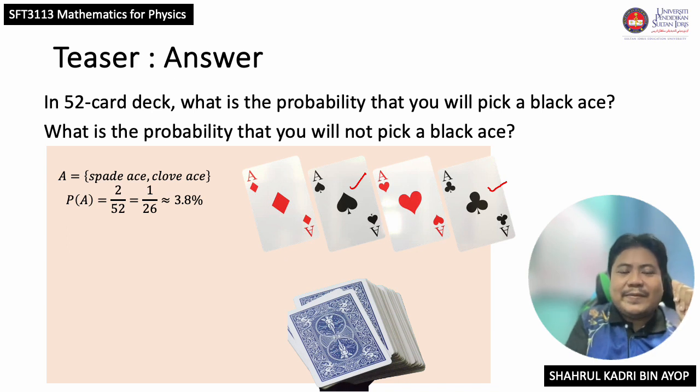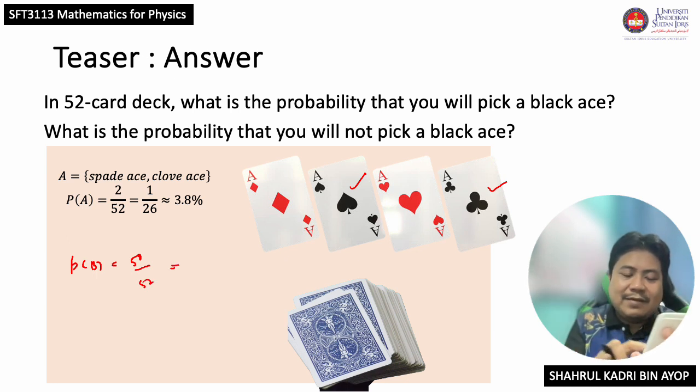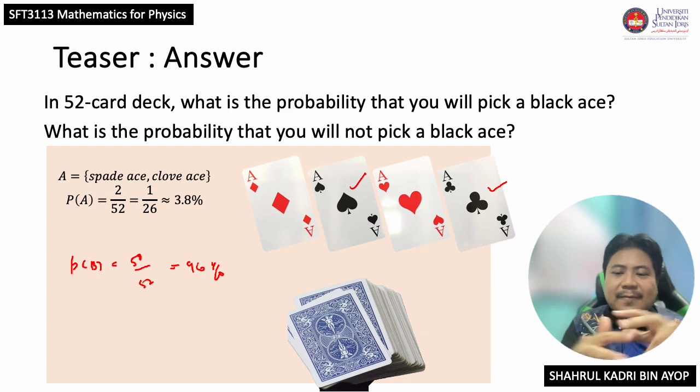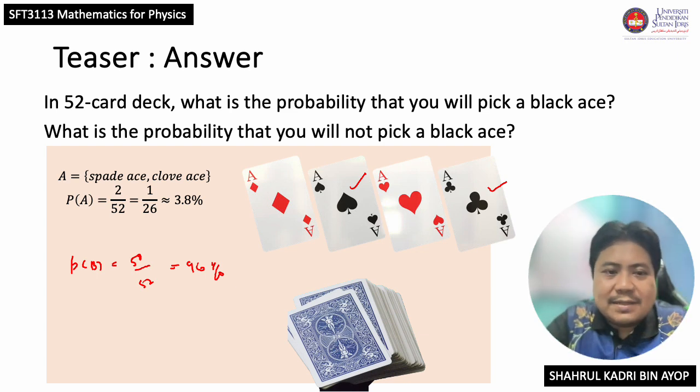And then what is the probability that you will not pick a black ace? You can define it as P of B complement, for example. You take the rest of it, or you can just subtract 3.8% from 100%, so it is 96.2%. Alright, so that is a simple probability.